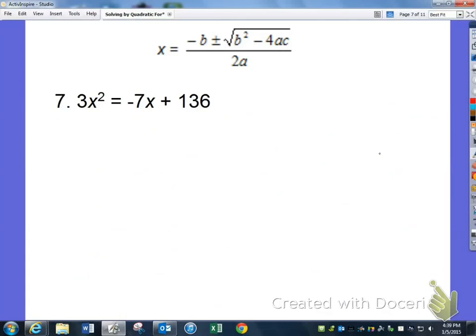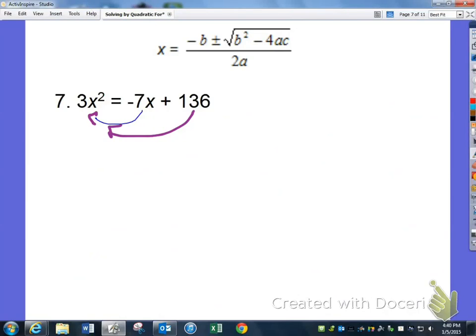Okay, I actually want to skip number 6 because it was just like number 5, and I want to go on to number 7. On number 7, you notice that you have 3x squared equals -7x plus 136. So I am going to take that -7x and move it over there, and I'm going to take the positive 136 and move it over there.